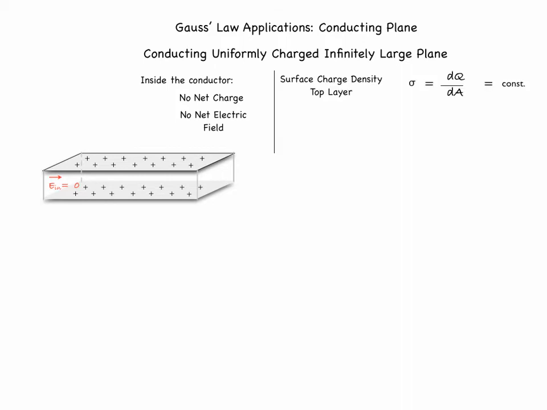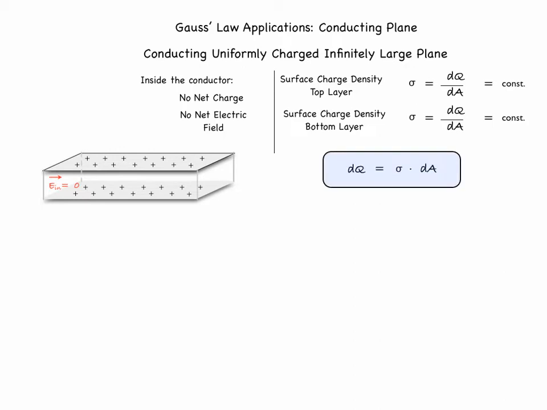The surface density again will be defined as the charge per unit area. We will define that surface density for the top layer of charges, sigma is equal to dq over dA, and there will be surface charge density for the bottom layer, which will be the same. Sigma is dq over dA.